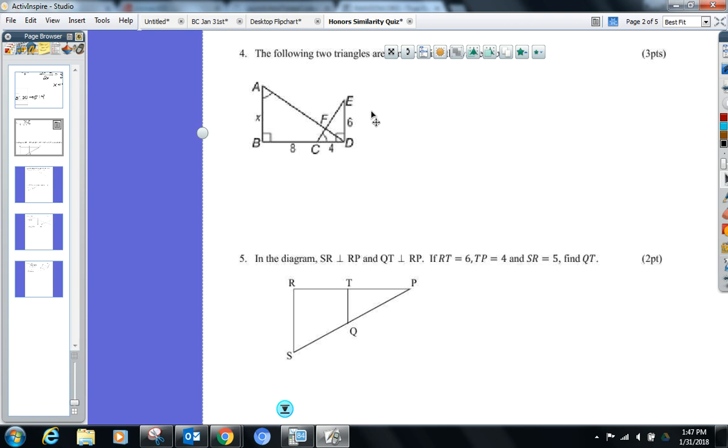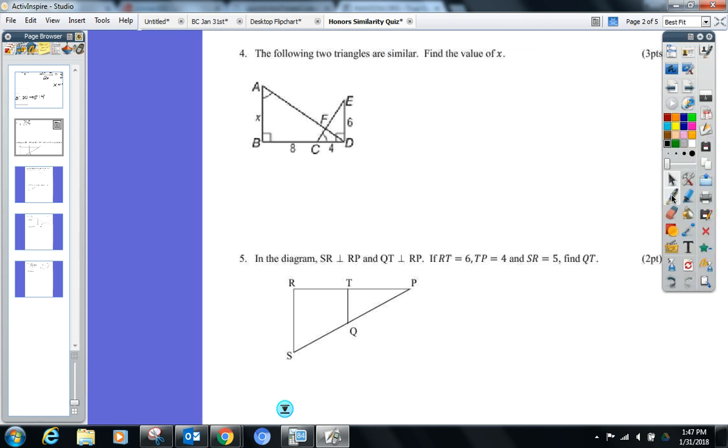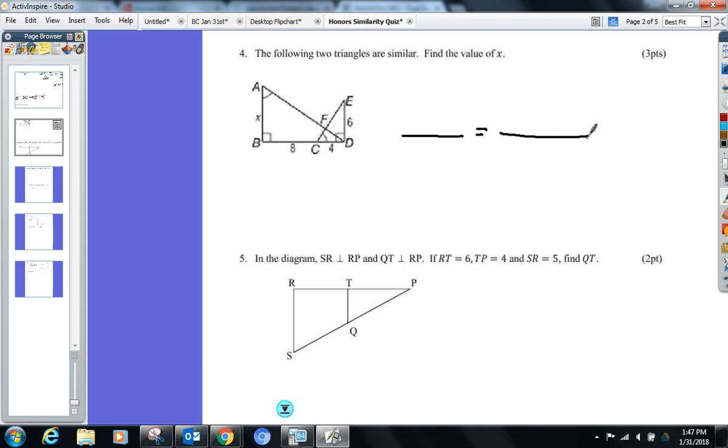All right. Next thing. What are the corresponding sides? Well, if I take X, some people just said, oh, flip it over, it's 6. The angles have to match up. The right angles need to match up, and angle A and angle ECD need to match up.